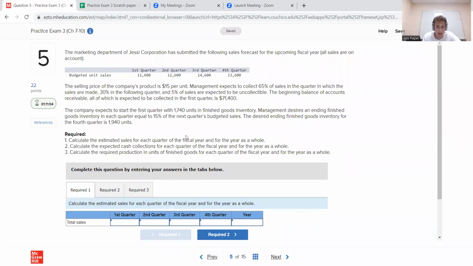Calculate the estimated sales this quarter as a whole. Good thing we have our budgeted unit sales here. Now we need the selling price, so we'll multiply by $15 per unit. I'm going to do this on my calculator, not Excel. 11,600 times $15 gives estimated sales of 174,000. Second quarter, 12,600 times 15.